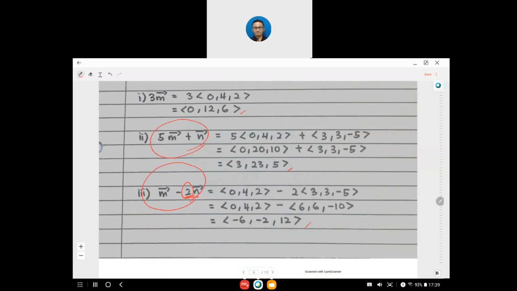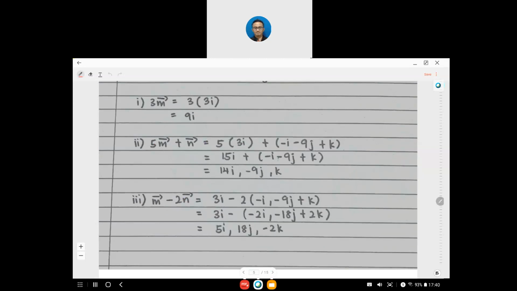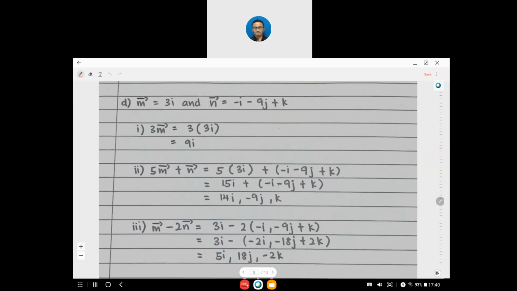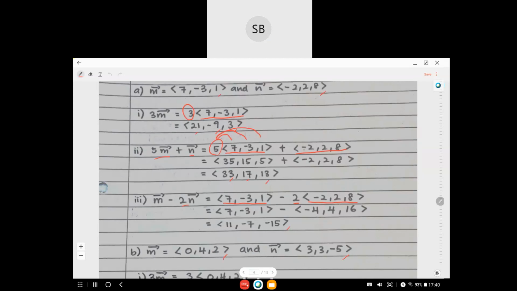For question C, this one for question A is negative 15, so here it should be negative 13. Okay, correct. 33, negative 13, right?